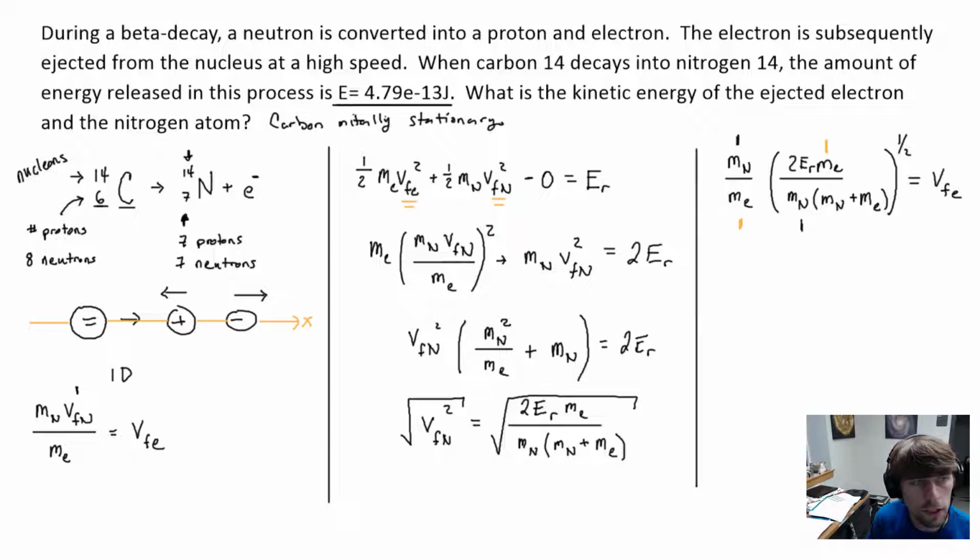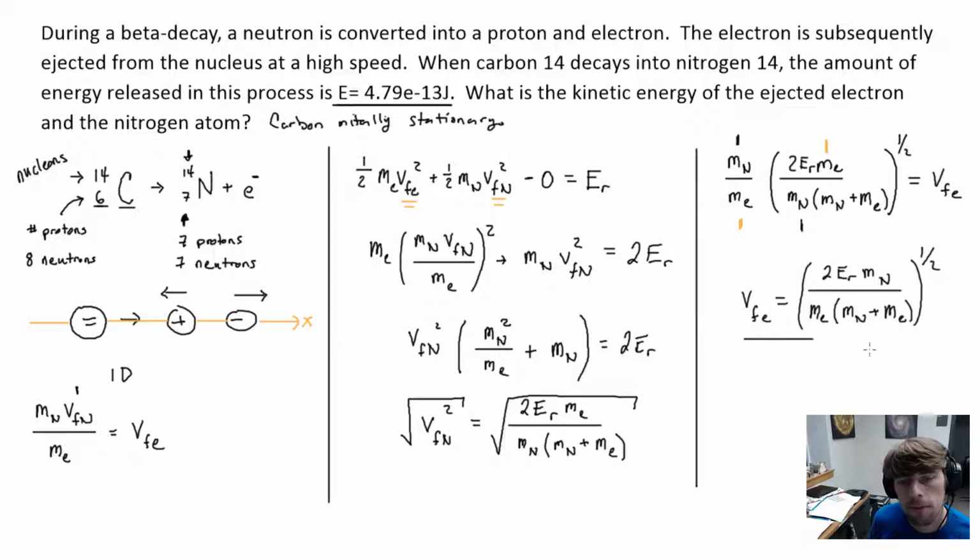In fact, the final answer would be the final speed of the electron is equal to 2 times the energy released times the mass of the nitrogen, divided by the mass of the electron times the mass of the nitrogen plus the mass of the electron, all to the one half. And we're done.